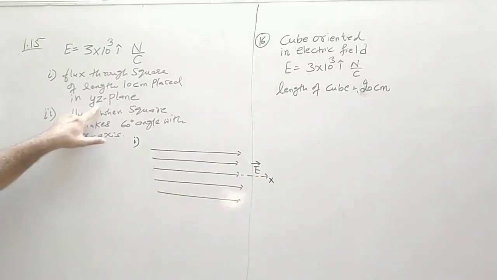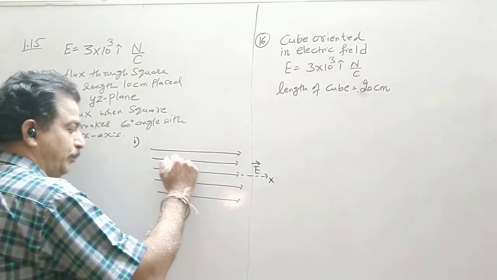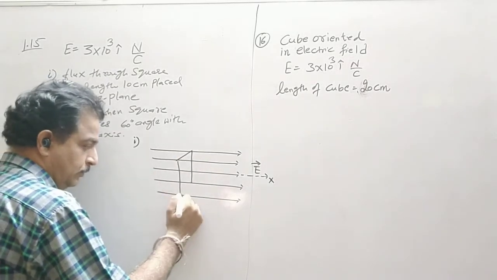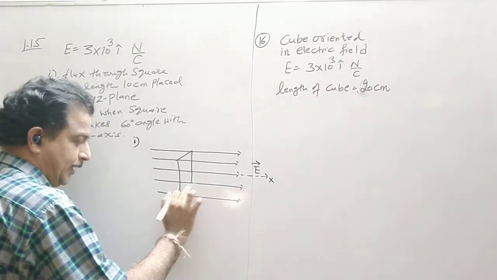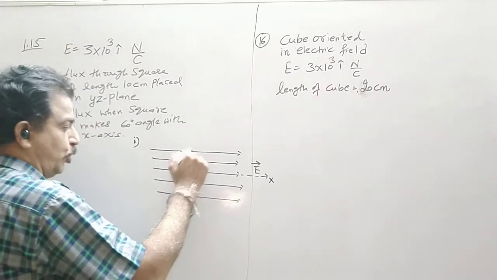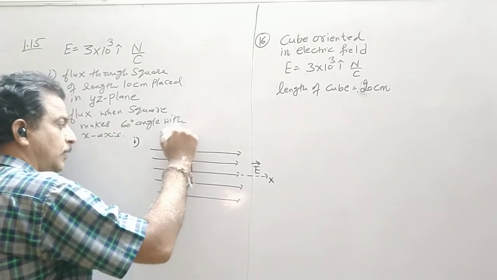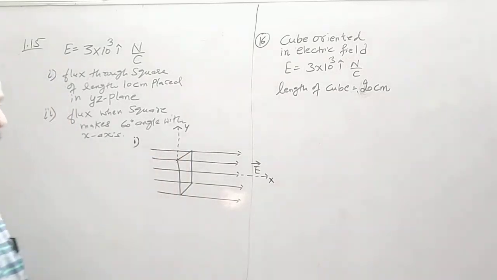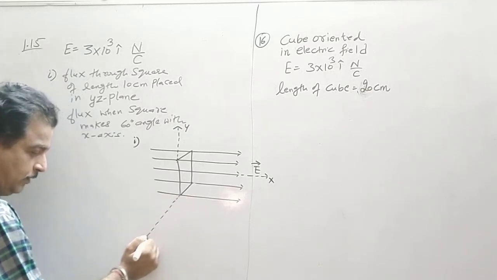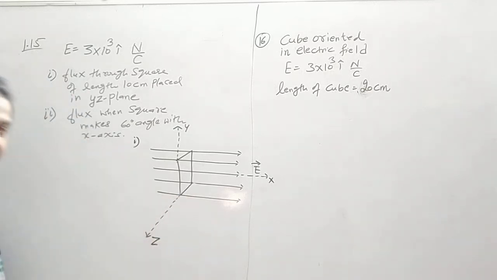Now we have to place a square in YZ plane. So I put a square, though it seems like a rectangle, but let us assume it is a square. Now this portion is our y-axis and this portion is our z-axis.